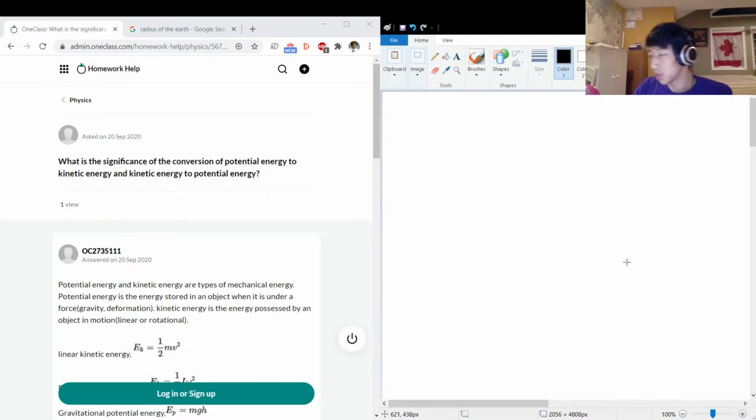Okay, so the next question that we got on the menu today is, what is the significance of the conversion of potential energy to kinetic energy and kinetic energy into potential energy? Okay, so the significance of the conversion between them is that we first want to use one of the most fundamental laws of the universe, the conservation of energy.